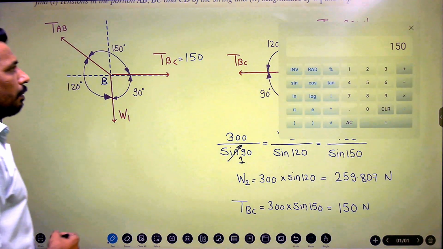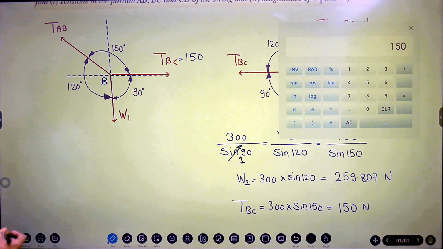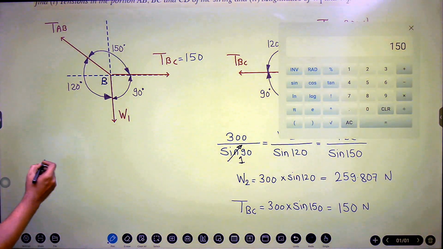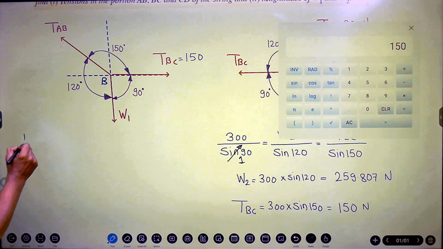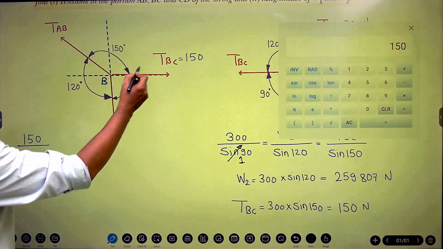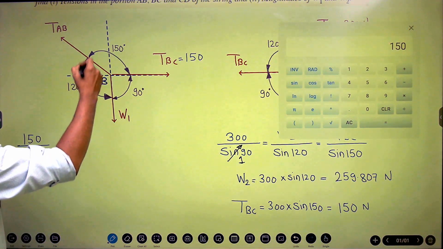Okay, so now I'll apply Lami's theorem over here. I'll start with the known value. So it will be 150 upon sine of the angle between the other two forces. So this is sine 120.